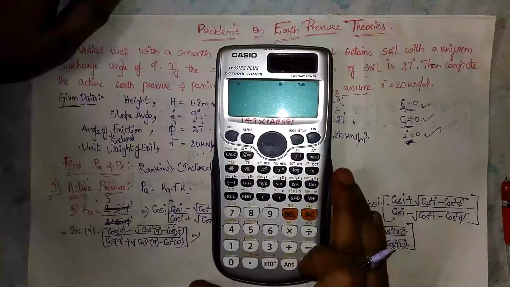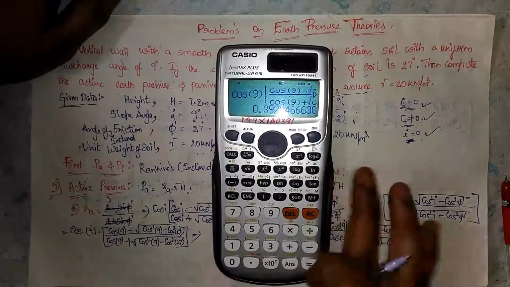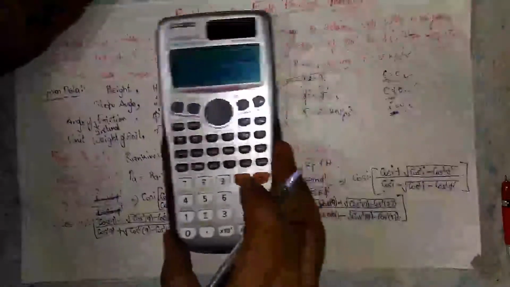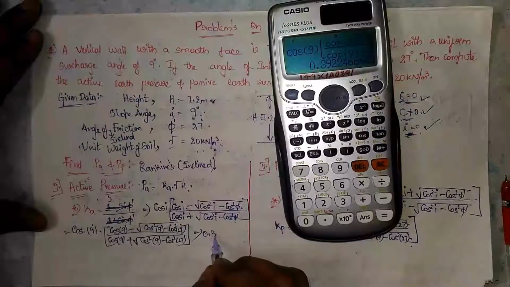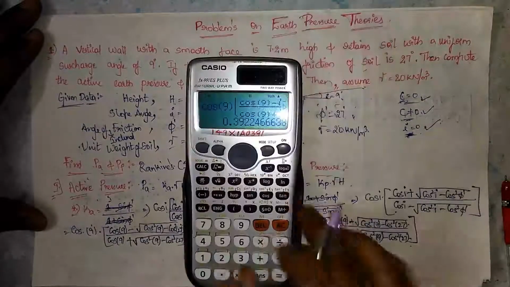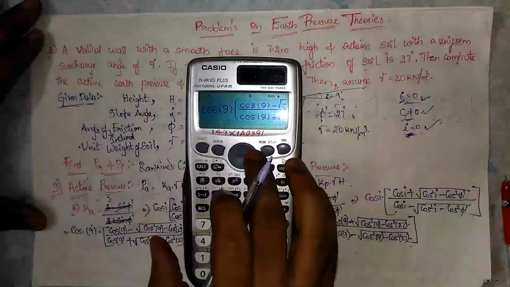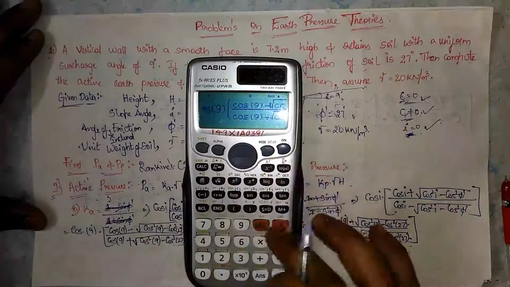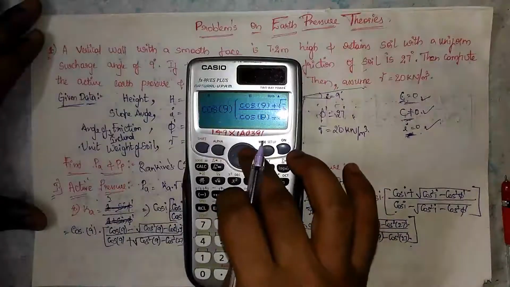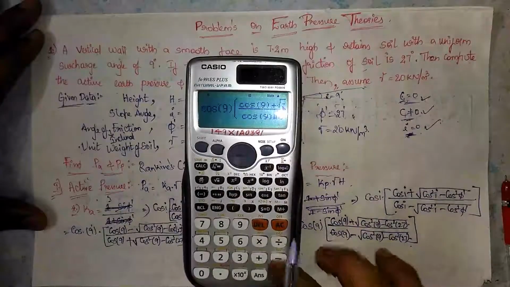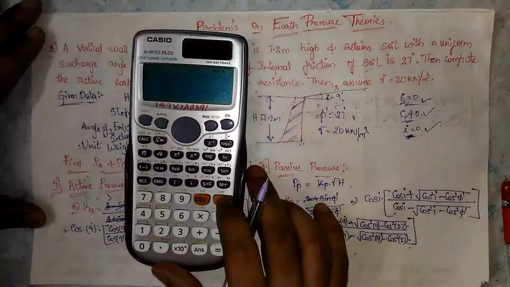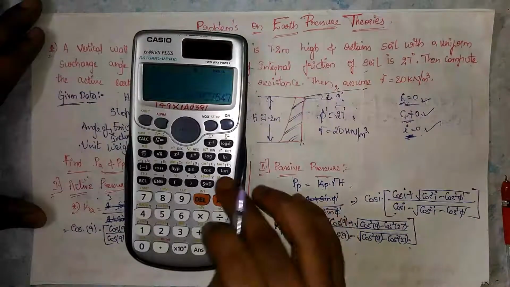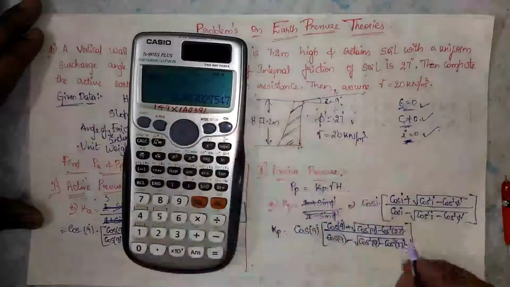So we get the answer for Ka as 0.392. For Kp, just change the signs, plus here, minus there. So we get the answer, 2.487.